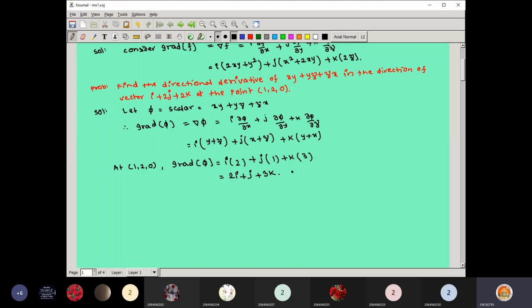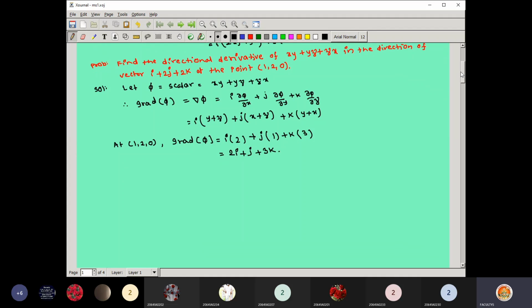After getting the gradient, now what is the next thing? In order to calculate the directional derivative, as per your last class, you should have a scalar and a vector. For that vector you are calculating the unit vector. So you write down here, for the given vector, what about the vector?